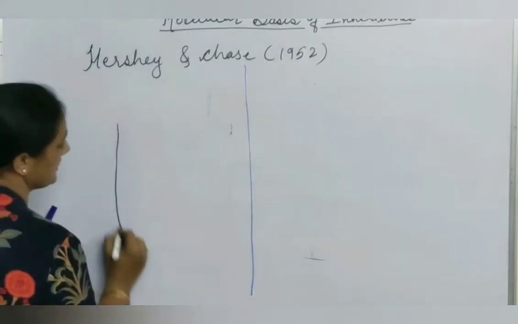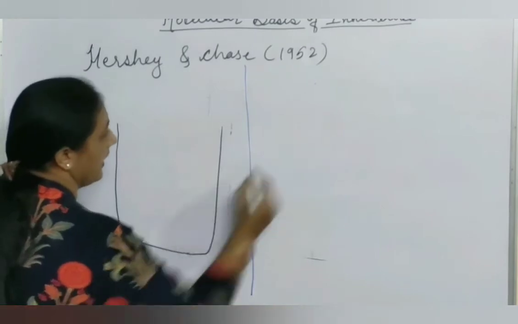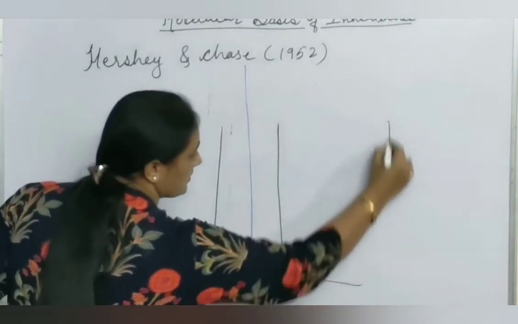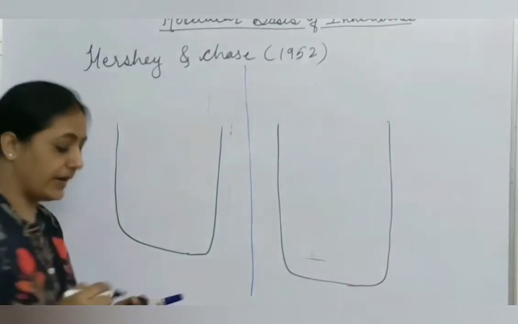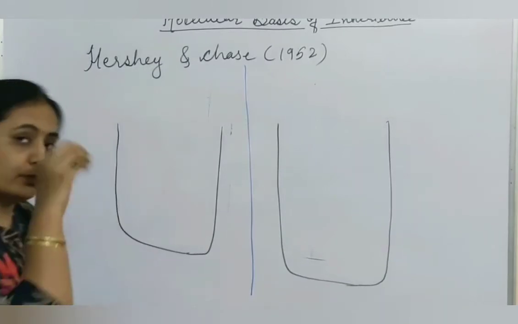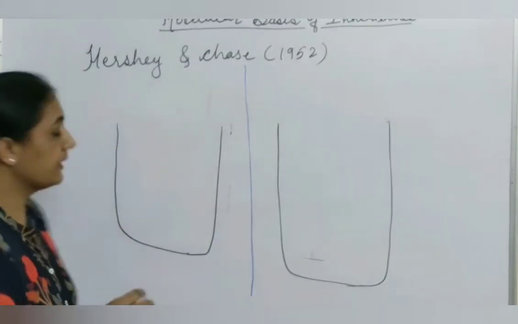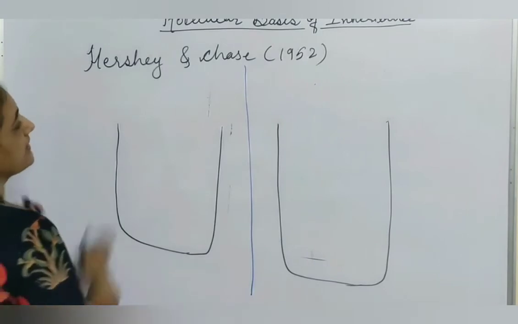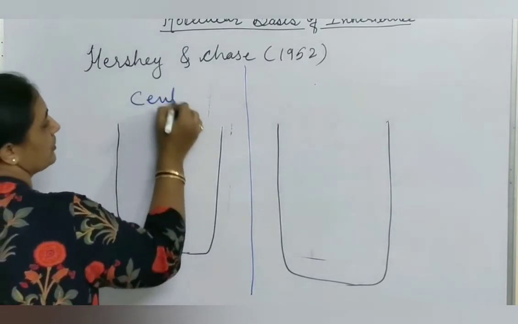Suppose this is the test tube, and in this test tube, this material, that is the virus, bacteriophage and bacterium, both are kept with some chemical or enzyme and allowed for centrifugation.